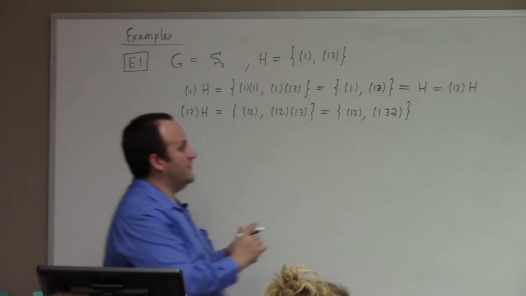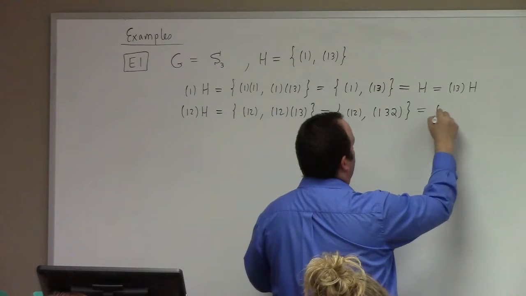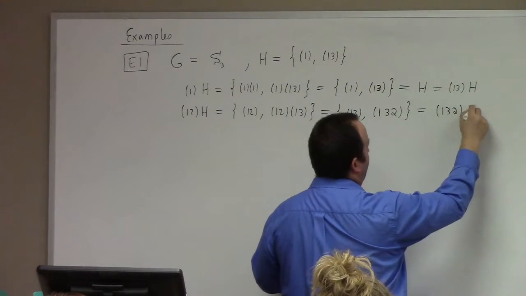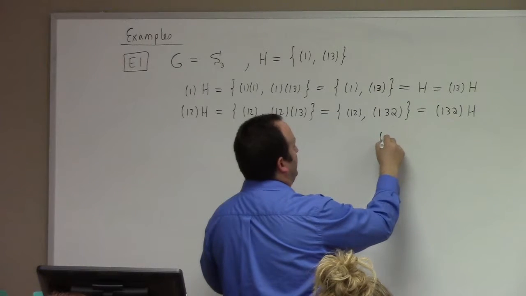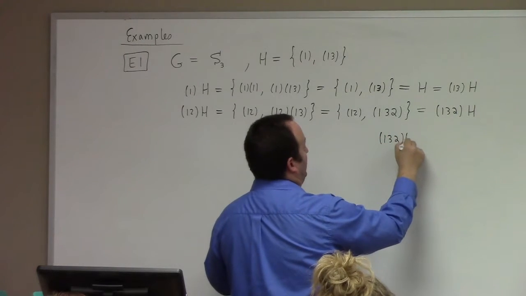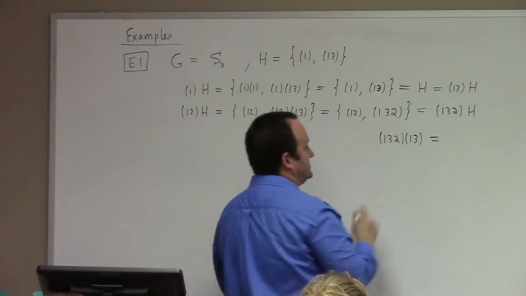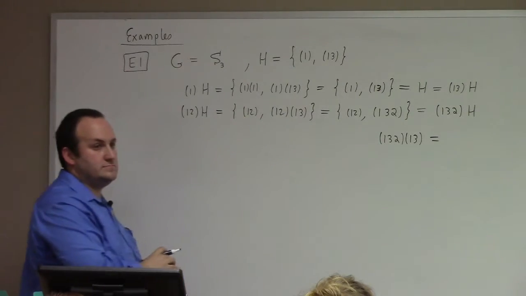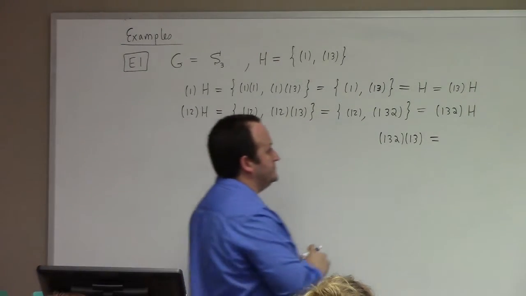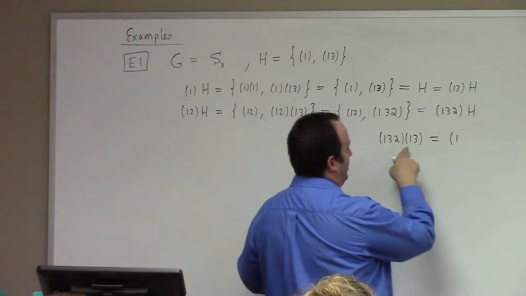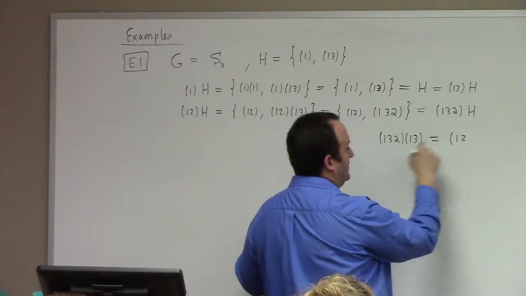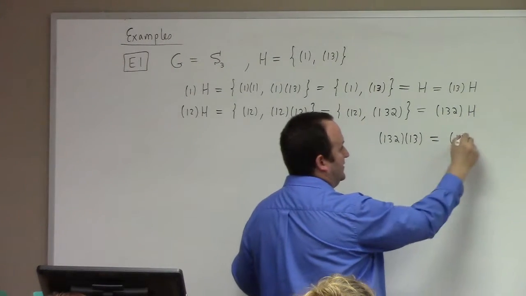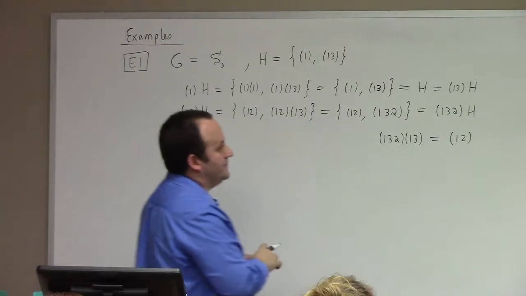Let's see here. And you can prove that this is equal to (1 3 2) acting on H, in part because (1 3 2) times (1 3) is what? Start out with 1. 1 goes to 3. 3 goes to 2. 2 goes back to 1. 3 is fixed. Right?